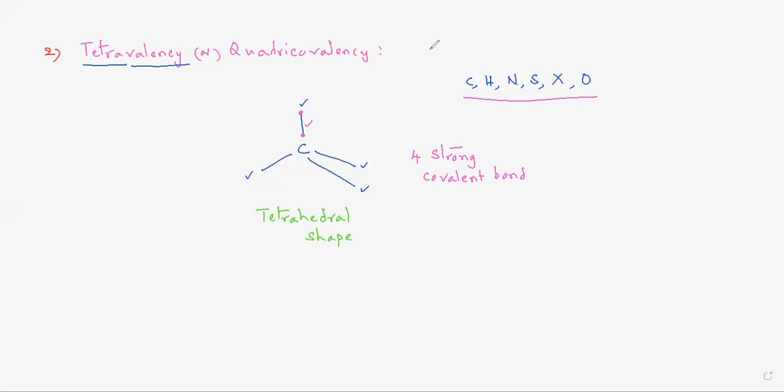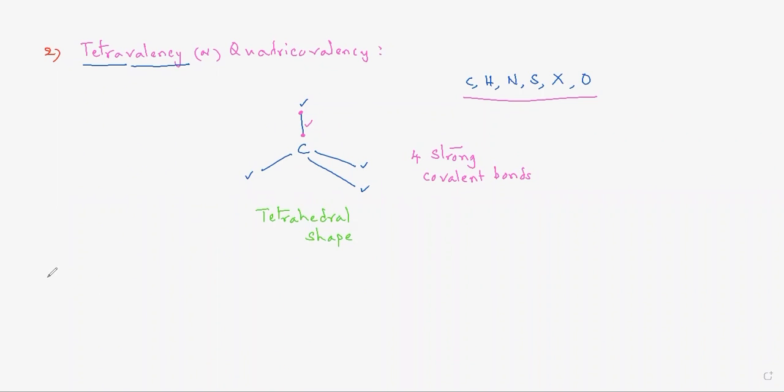So every carbon forms 4 strong covalent bonds with 4 other atoms. And even this is a reason why carbon is able to form millions of compounds.